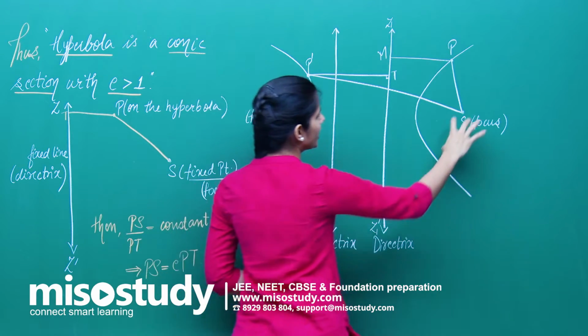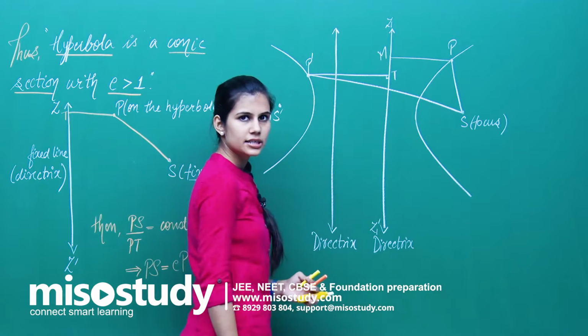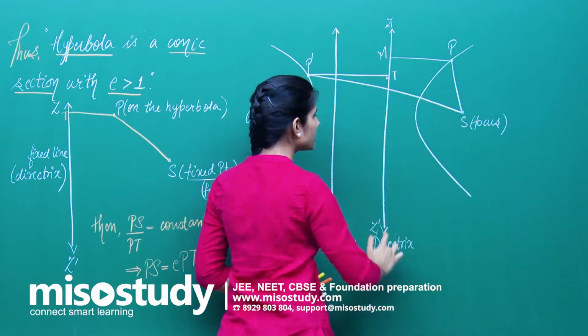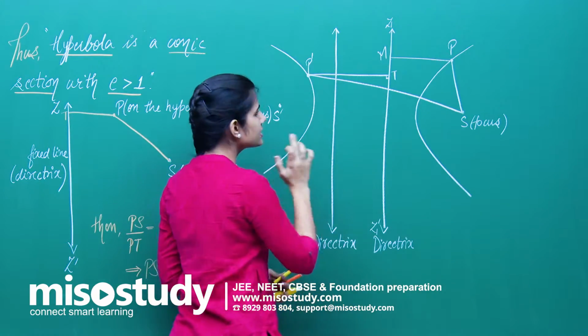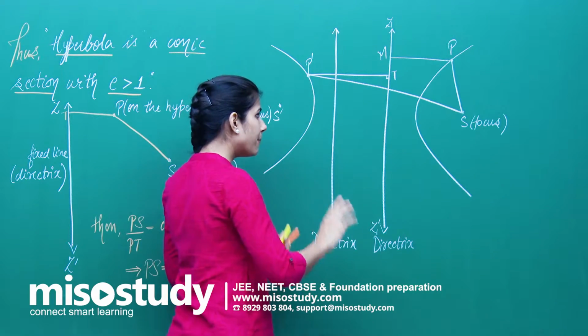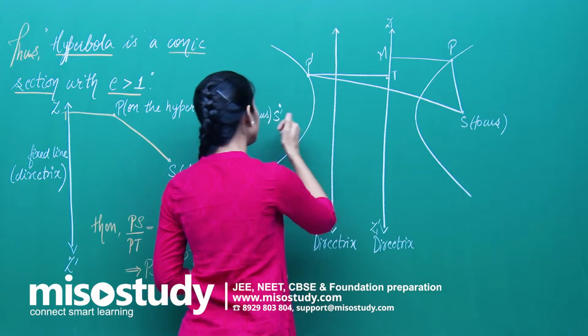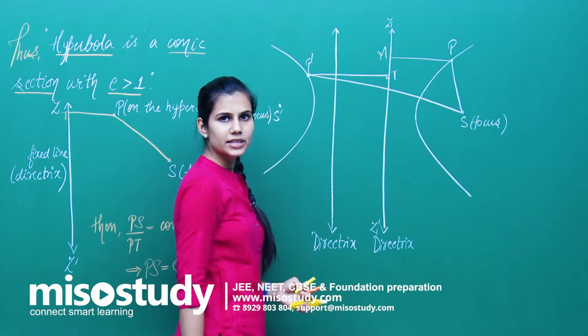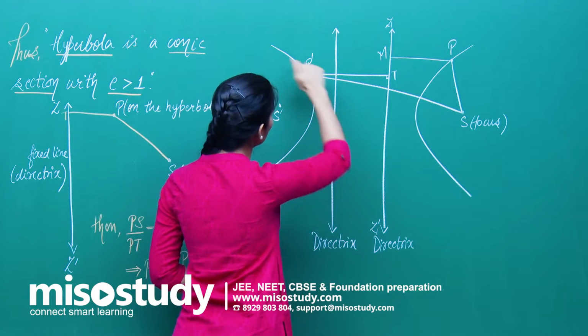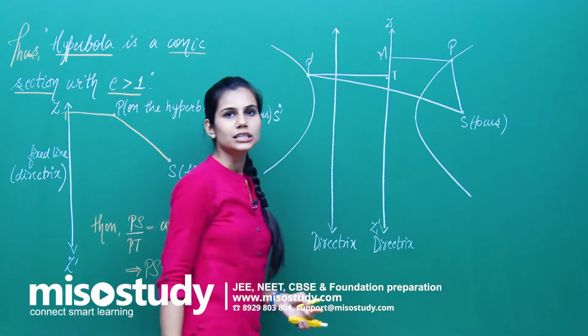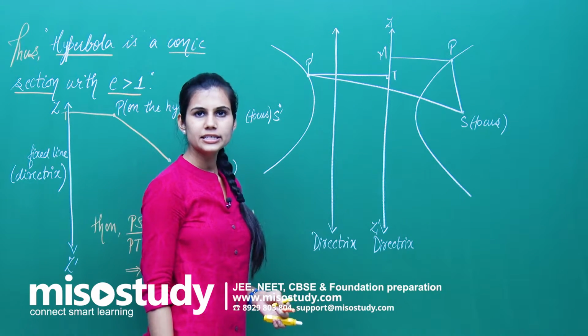For a minute, just forget that this is the focus and this is the directrix. If this was the focus and this was the directrix, I was getting all these points. But rather than keeping this as the focus, this as the directrix, if you keep this as the focus and this as the fixed line, that is directrix, again you are going to get the same curve. Are you understanding?